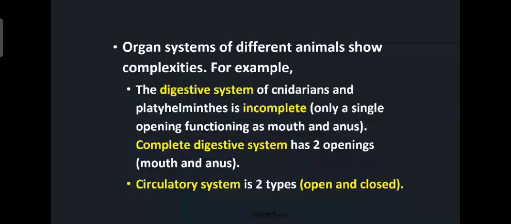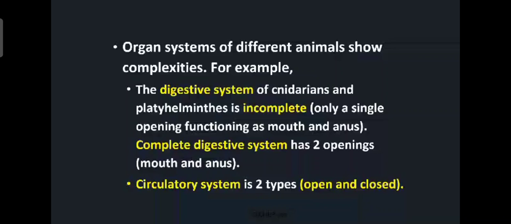From the same opening they take the food inside, and digestive waste is thrown out of the body through the same opening. That is called incomplete digestive system. And second one, complete digestive system. Complete means it has two openings, mouth and anus. Mouth for taking the food inside and anus for removing the digestive waste material.